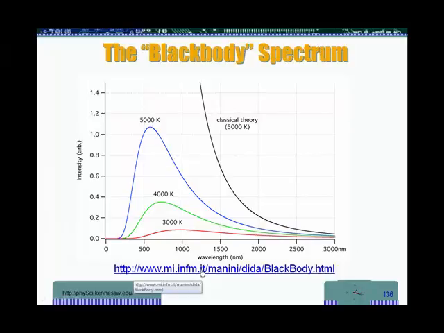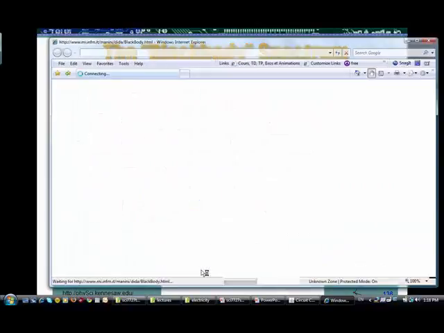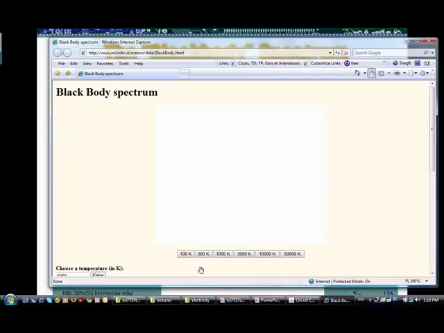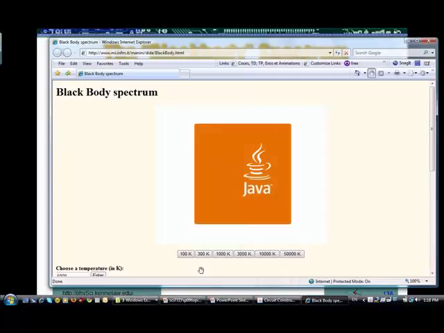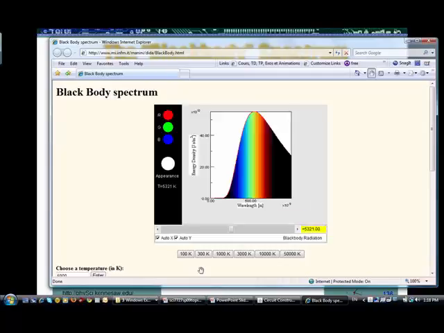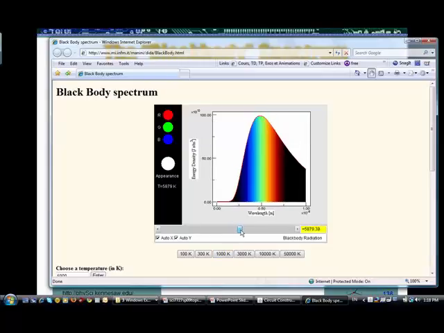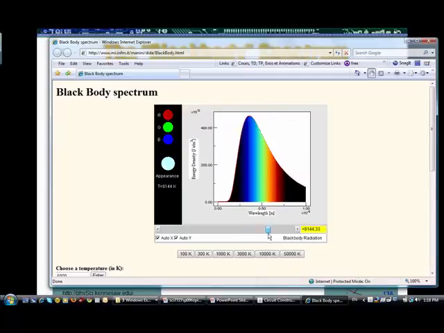Okay, this website here provides a neat simulation to show us the corresponding color for different temperatures. For example here, we see the different colors, the spectrum of light. Now if we have an object at this temperature, you see the color here, how it looks.